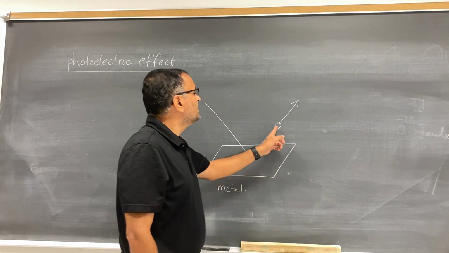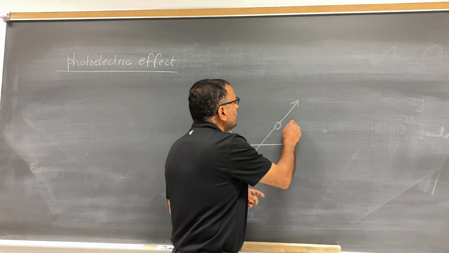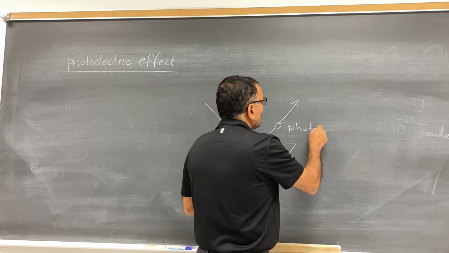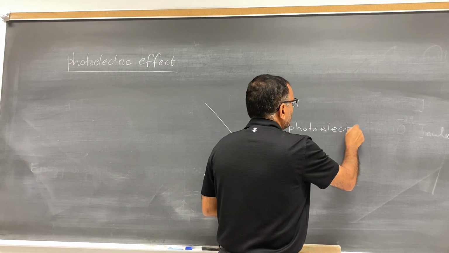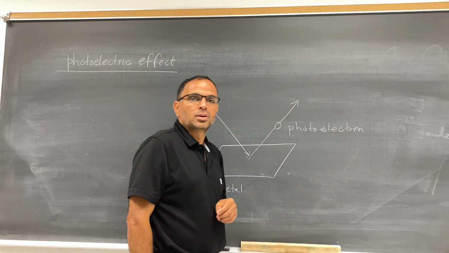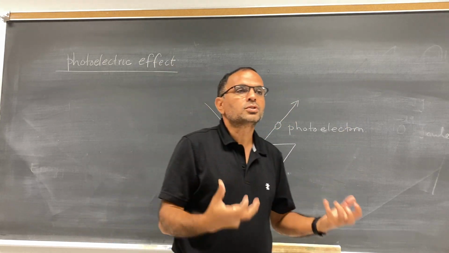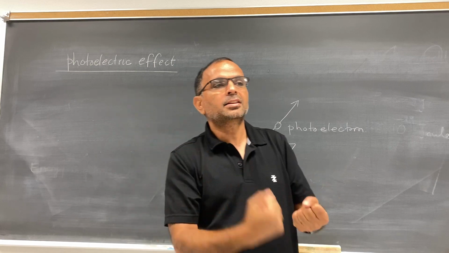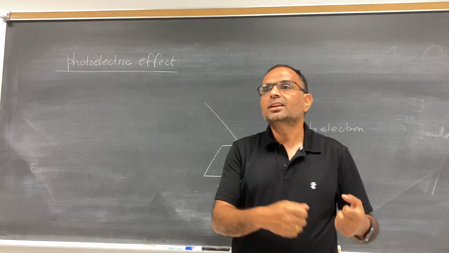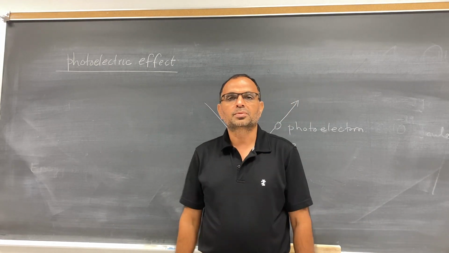The ejected electron we call the photoelectron. But there is of course some condition. Any light cannot eject the electron. Any light cannot knock out the electrons from the metal surface.